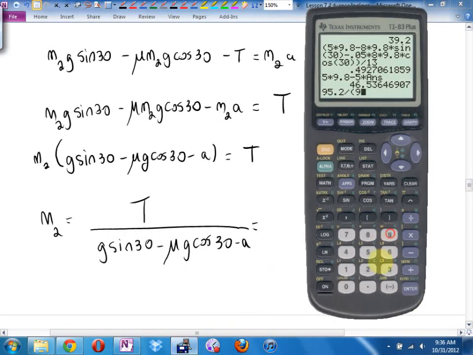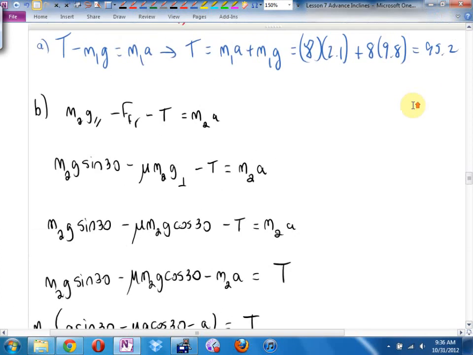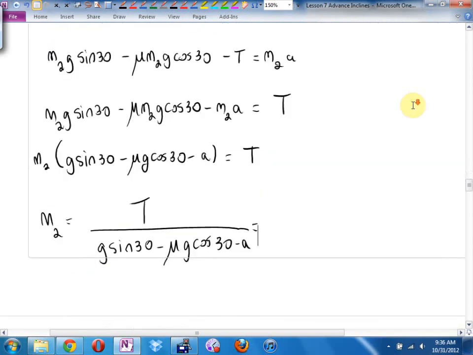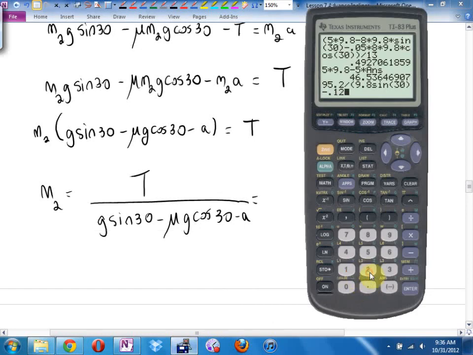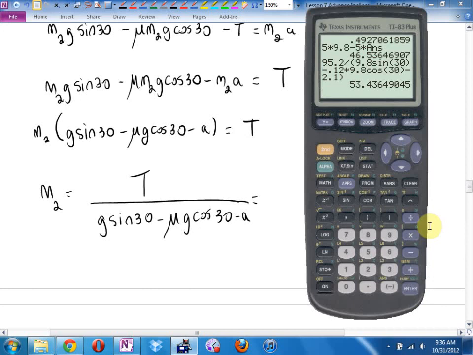G 9.8 sine 30 minus, what was mu? 0.12. G cos 30 minus, A was 2.1. Hope that works. 53.4 kilograms. Yes? No? Yeah.